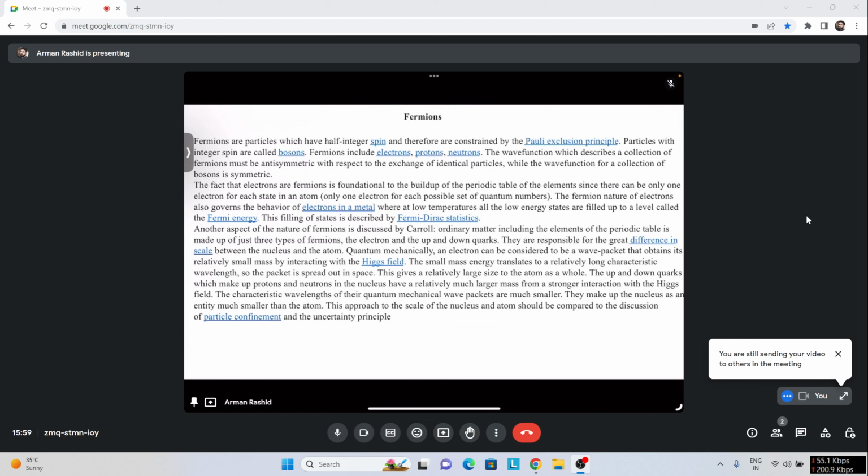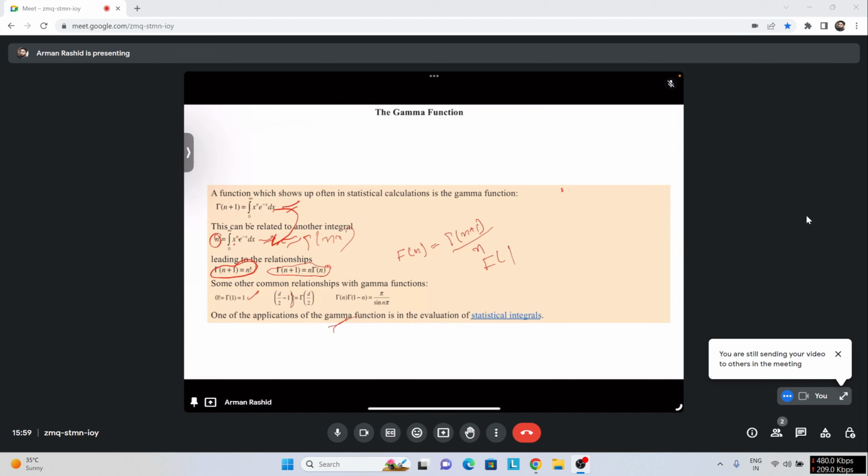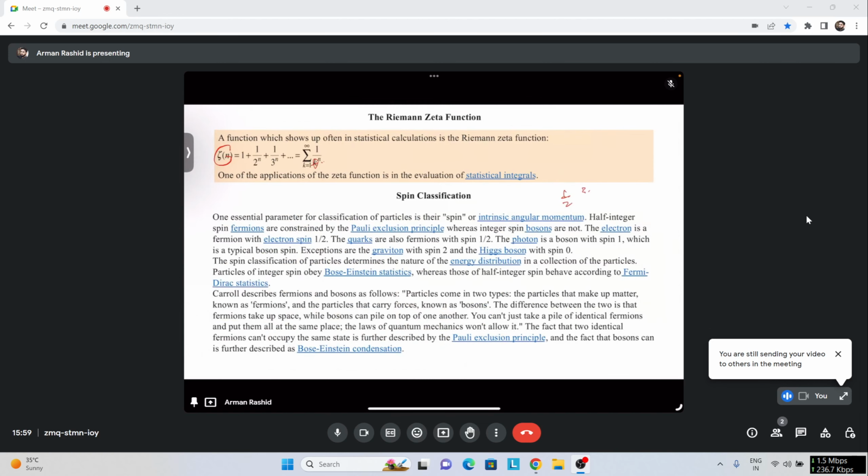Okay, we say that those particles which have a half integer spin, half integer spin meaning 1 by 2, 3 by 2, 5 by 2, are called fermions. On those fermions there is a special principle called Pauli's exclusion principle, whereas the integer spins are called bosons, and on these we apply Bose-Einstein statistics.